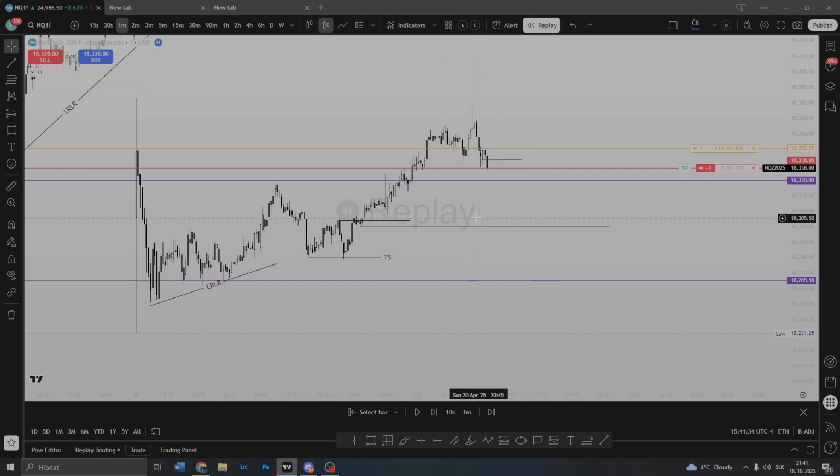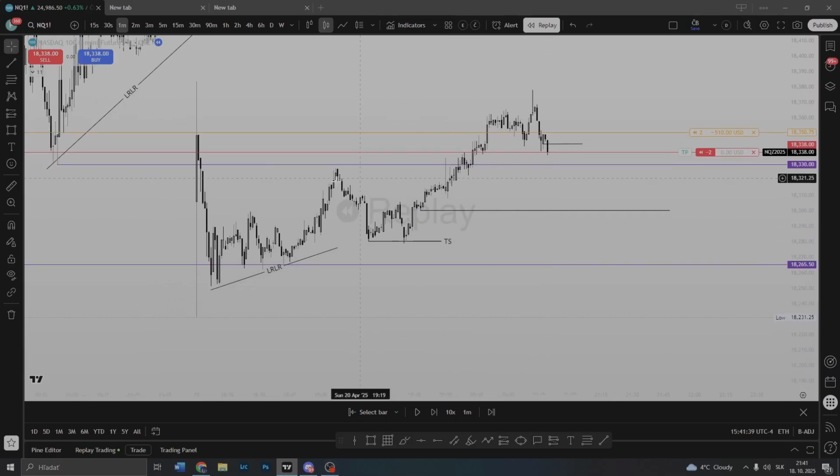So if I'm correct, the first TP will be this low, and then the last runner will take either at this low, or the midnight low, or the daily open low.